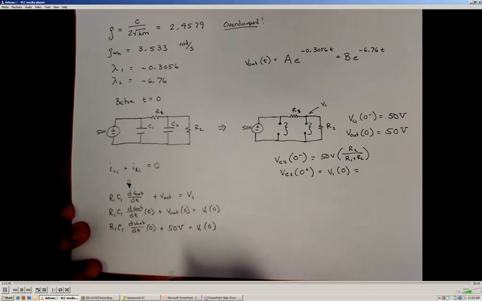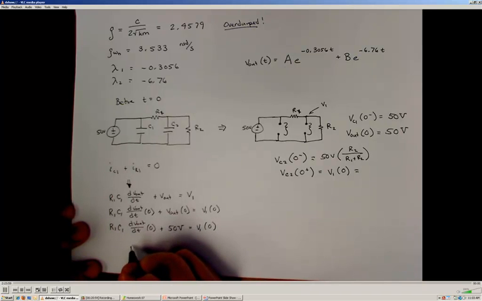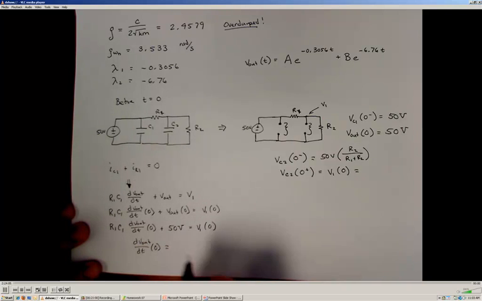Alright, so that tells me that if I can find that value, the derivative initial condition is going to be equal to V1 at time 0 minus 50 divided by the value of R1C1.